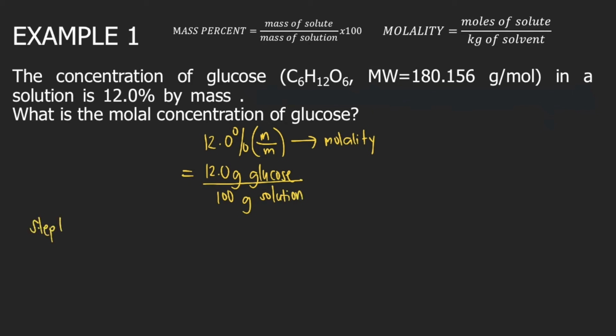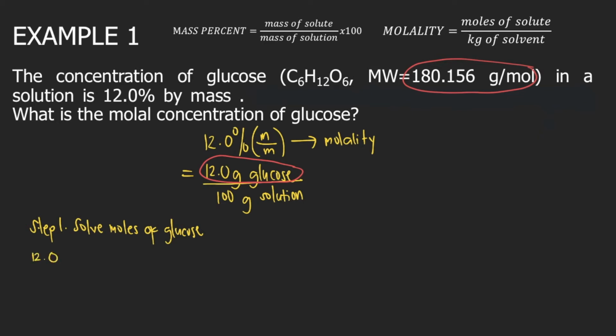Step 1 is to solve for the moles of glucose. So we have 12 grams of glucose, and we are given the molar mass of glucose, which is 180.156 grams per mole.